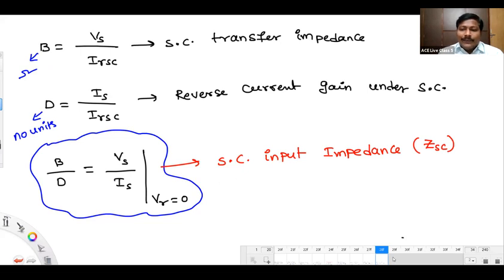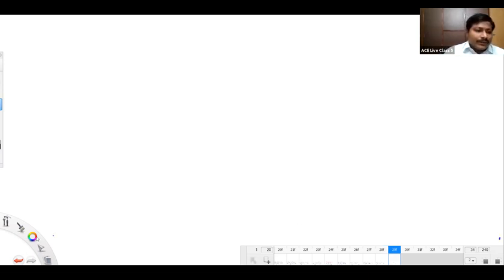Next, I will introduce one small term here, which you can study in network theory maybe later, or you might have studied already. Just look at this term: characteristic impedance ZC.